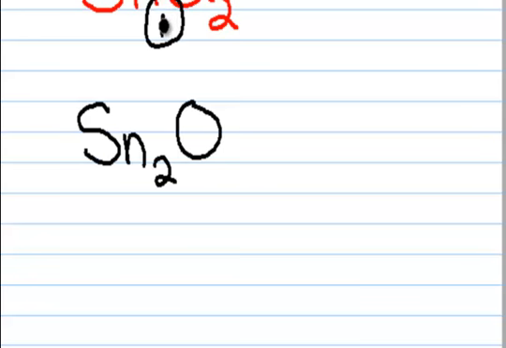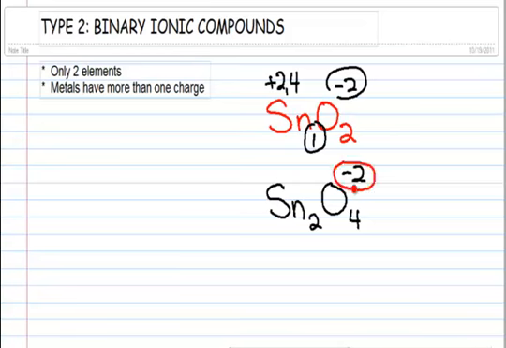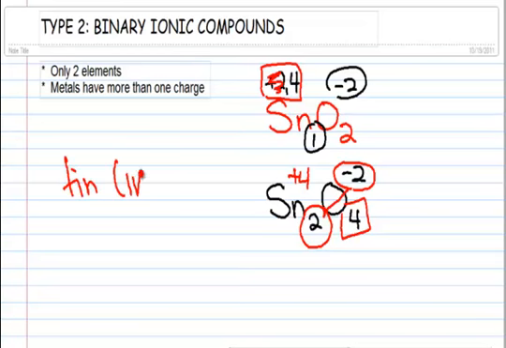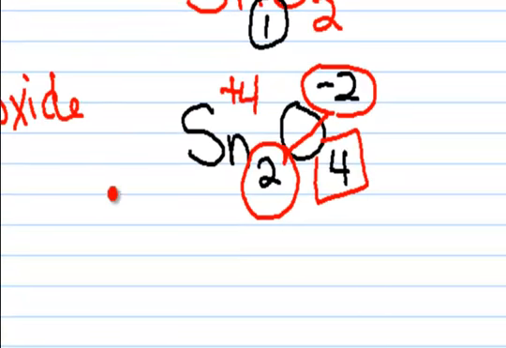Well, it's a 1 to 2 ratio, so 2 to 4. 1 times 2 is 2. 2 times 2 is 4. Now does this 2 here match this 2 there? Yes, it does. So this 4 has to go up here. Is that one of my choices? Yes, it is. So this would be tin 4 oxide. I hope you got that.